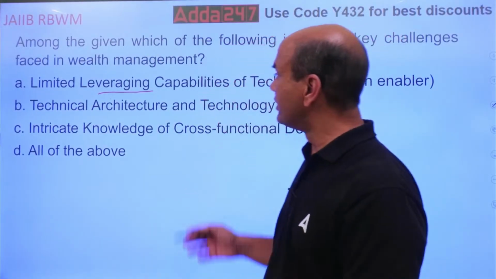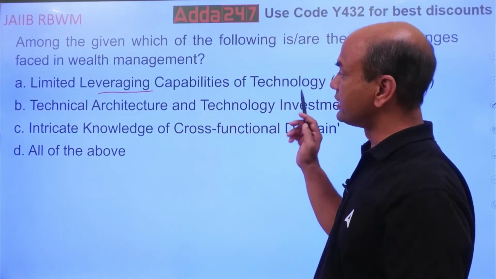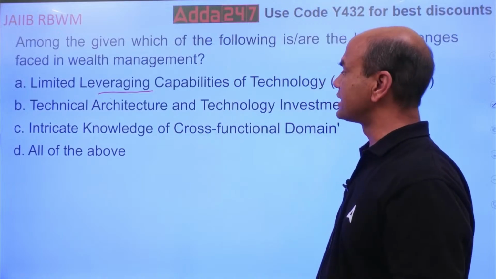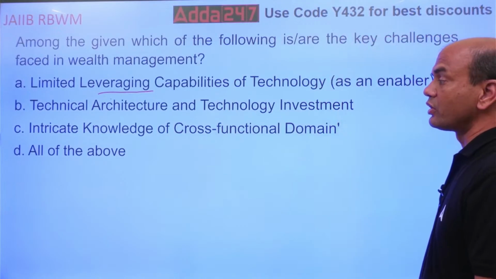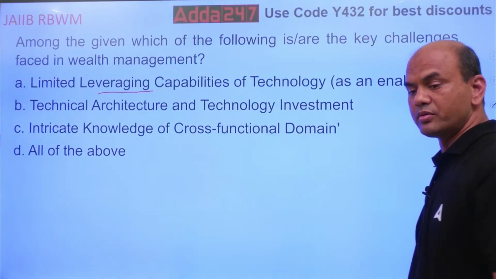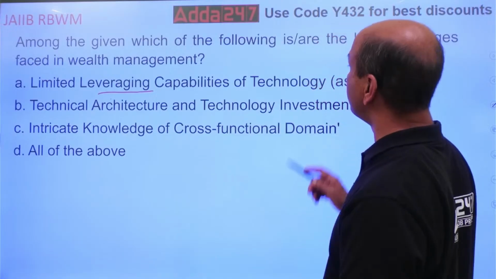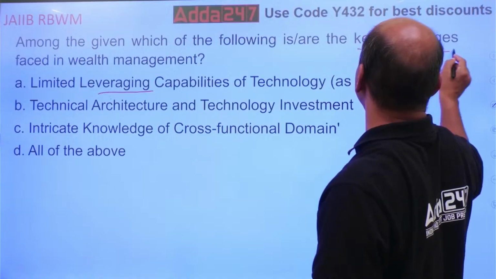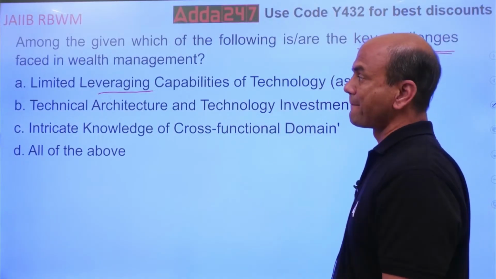So, limited leveraging capabilities of technology in wealth management, technical architecture and technology investment, intricate knowledge of cross-functional domain, all of the above. So which one of the following is true? Which of the following is the key challenge? You want a key challenge, difficulties you face in wealth management.